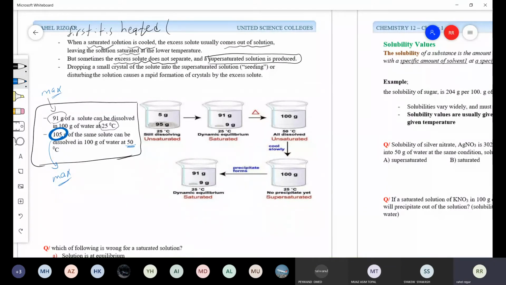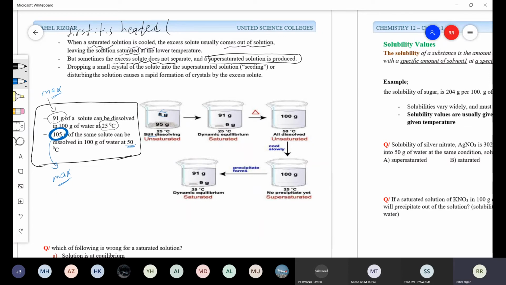All right. Now we have these two pieces of information. According to that, let's look at the figure. First, we put some solid into the solution. Before we stir or agitate it, 5 grams is dissolved by itself.